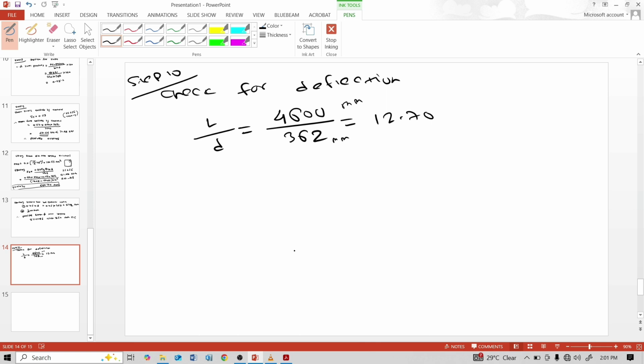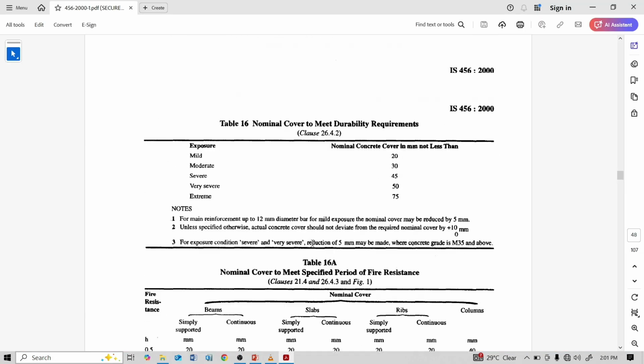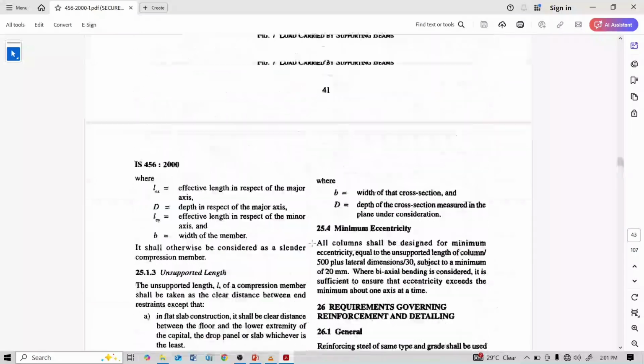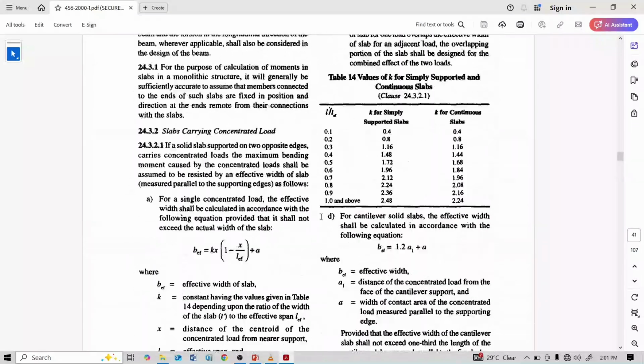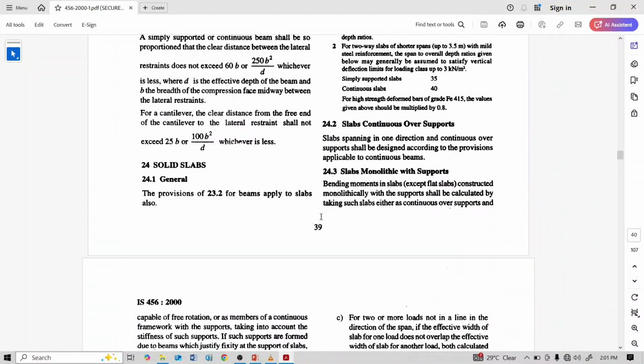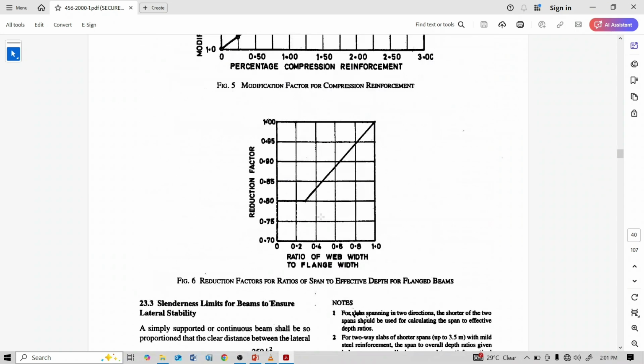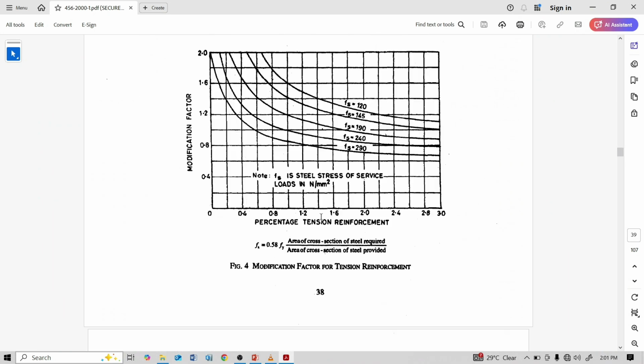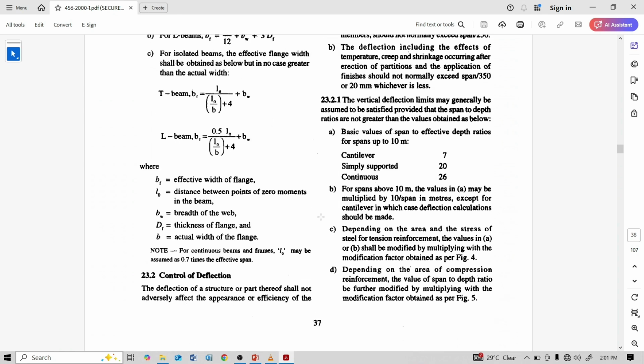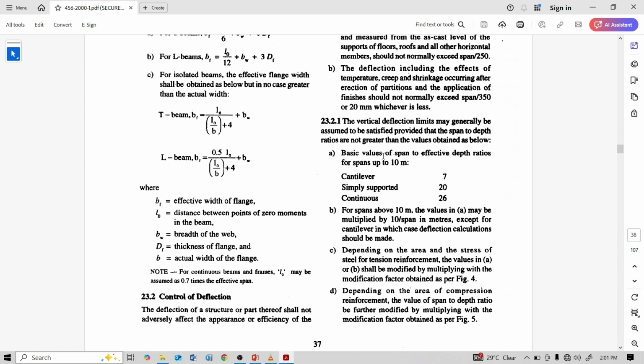In IS code, clause number 23.2.1, basic value of span to effective depth ratio for span up to 10 meter for simply supported is 20.